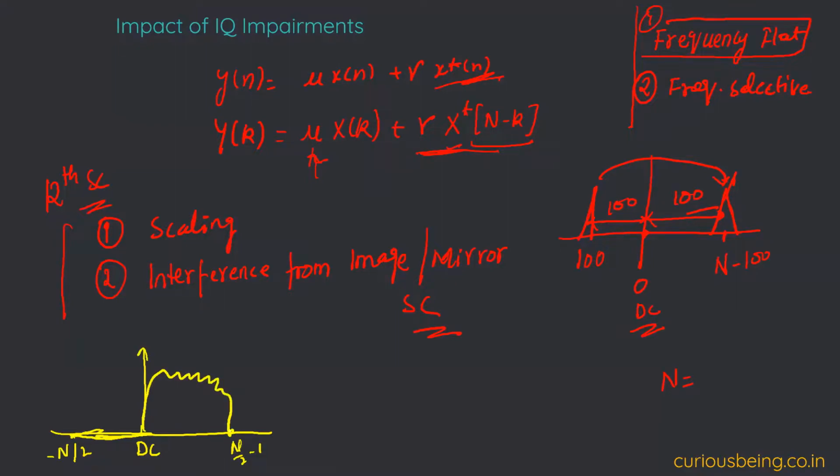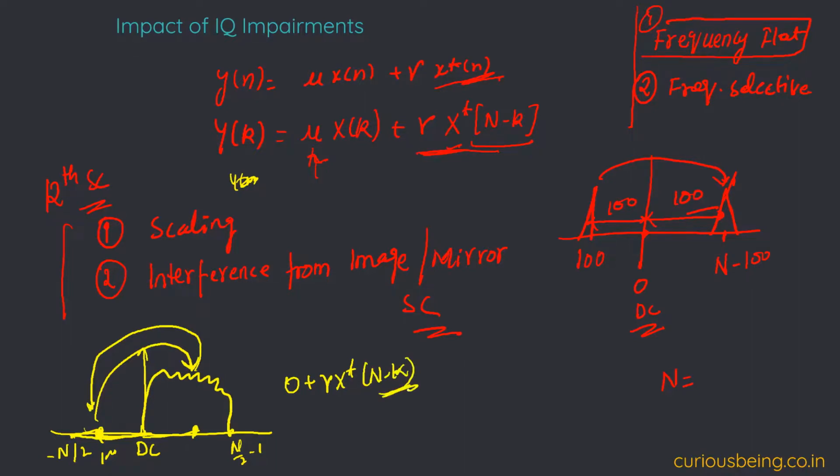Because of IQ impairment, if I analyze, let's say, y of 100, which is somewhere here, there is no impact here. But if I am analyzing 100 here, like DC plus 100, there will be some impact, which should be visible, because it will be 0 plus gamma x star n minus k, whatever n minus k is.